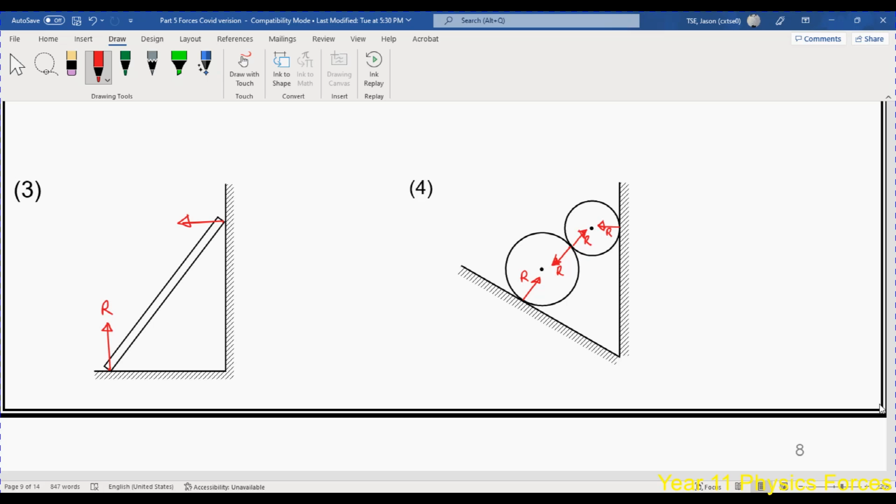I use the same letter R, but actually they should be different. So you can say it's R1, R2, R3, R4. Just for this one, R1 and R2. Good. Right, so here are all the normal reactions.